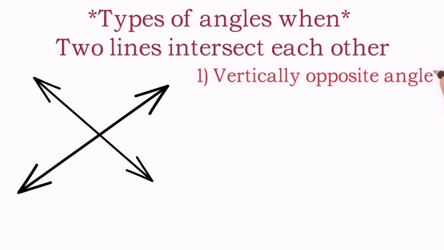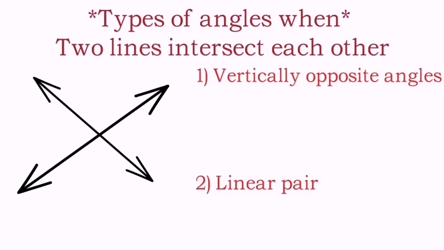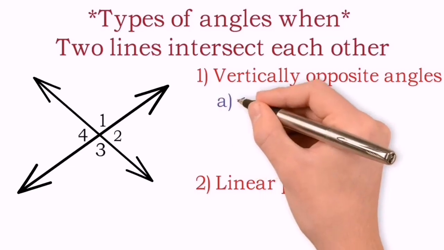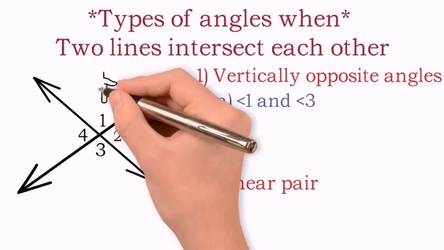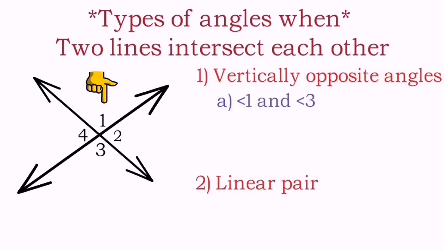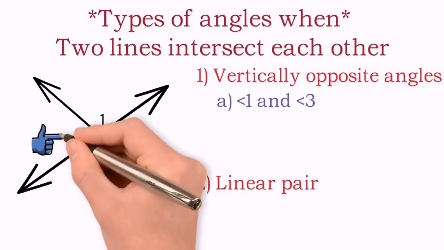And always remember to give the numbers to the angles the way I'm giving in the diagram. Angle number 1, 2, 3 and 4, right? And if you observe angle number 1 and 3, they are exactly opposite to each other, and they do not have any common arm. I repeat, they do not have any common arm. They just have one vertex as a common part, right? And that is why they are vertically opposite angles.